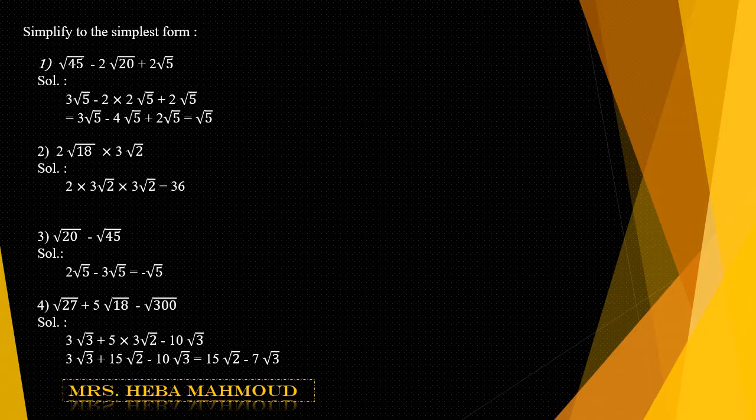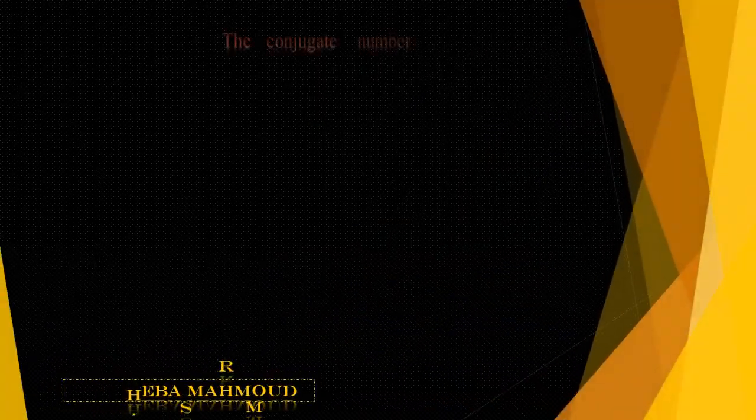Since we have two like terms of √3, we make 3 minus 10, because both of them are √3, and 15√2 will be alone. So the result will be 15√2 minus 3... √3.